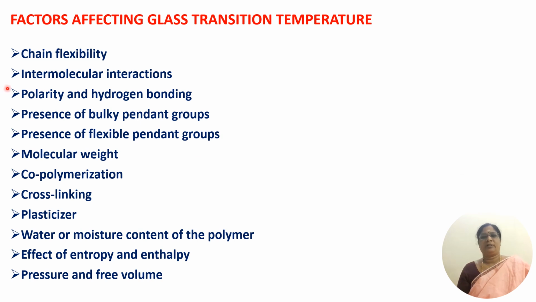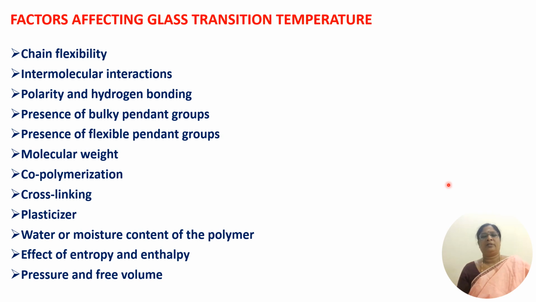The second one is the intermolecular interactions. Usually, intermolecular interactions along with factors like chain flexibility and molecular weight significantly influence the glass transition temperature of the polymers. Stronger interactions and increased chain stiffness generally lead to higher Tg values.